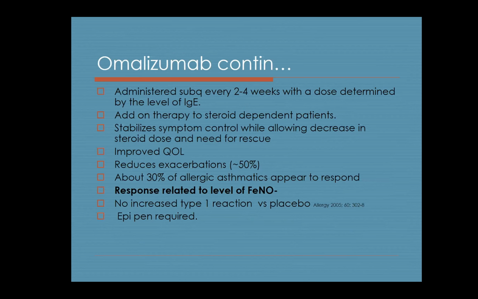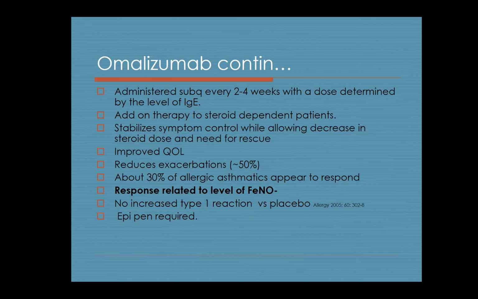The omalizumab is administered subcutaneously every 2 to 4 weeks, according to the level of the IgE. It stabilizes symptoms, improves quality of life, reduces exacerbations. Its response is related to the level of FeNO. It's not related to the level of IgE, which is interesting.